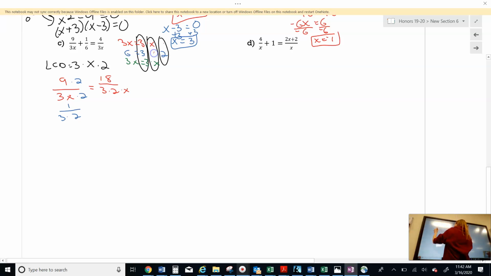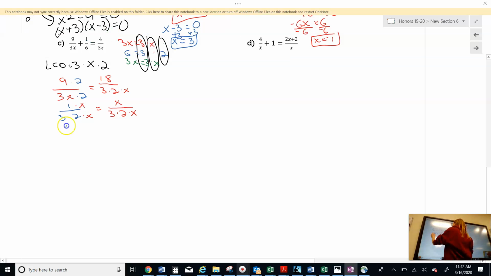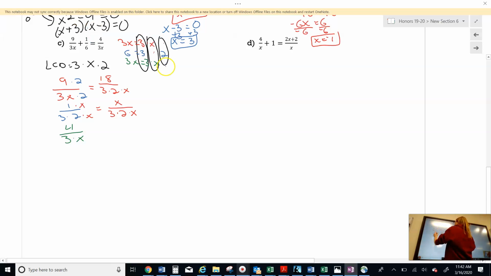Well, it's missing this x here. And our last fraction, 4 over 3 times x. Again, this last fraction is also missing that 2 right here. So yeah, they now all have the same denominator.